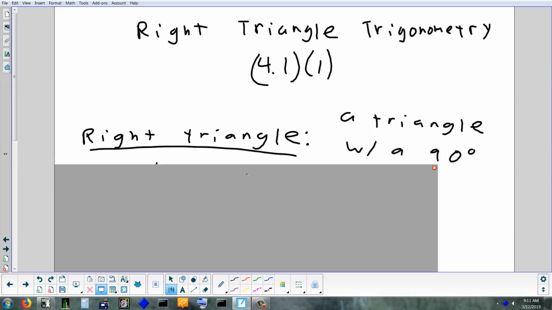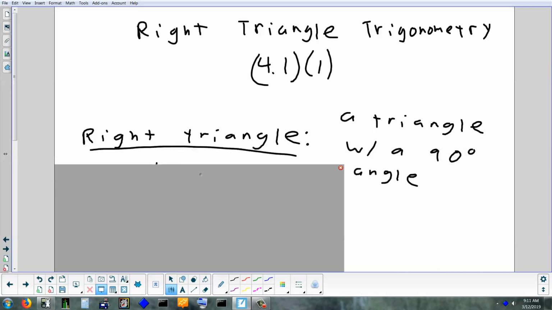All right, so first thing we'll look at is just a few basic vocabulary words that we're going to end up using in this section. Right triangle comes up a lot. So right triangle is any triangle with a 90-degree angle. Now, when you draw a triangle that has a 90-degree angle, the longest side has a name, and so do the two shorter sides.